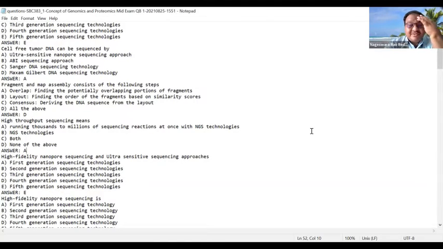Fast, we have to discuss 50 questions. Yes, tell me the answer. High throughput sequencing means. Charan, what is the answer?